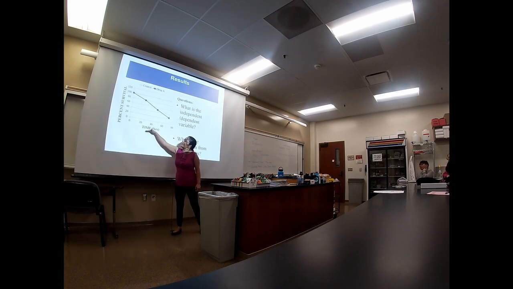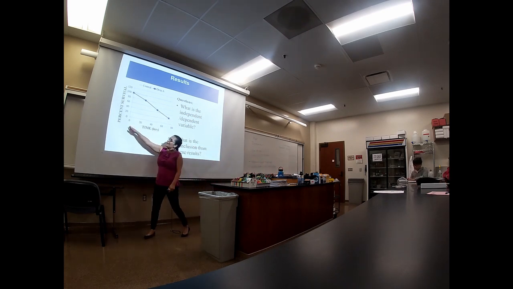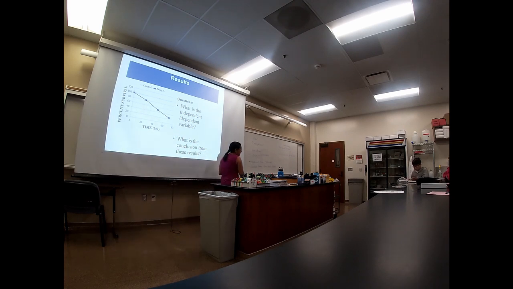And here, the independent variable was time, and sometimes we'll even write concentration as well, depending on what was done. So independent is on the x, dependent is on the y. All right, and so that's there.